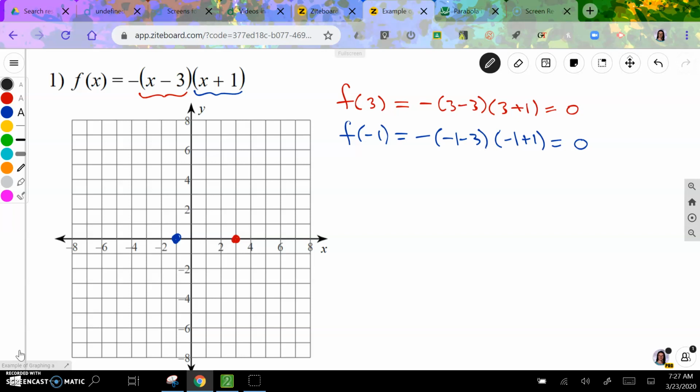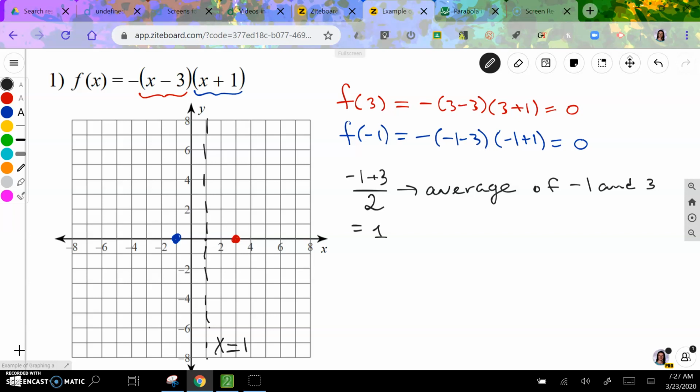You can also just average them out, by adding them and dividing by 2. The average of negative 1 and 3 is 2 divided by 2, which is just 1. So that tells me that my vertex and my axis of symmetry are going to happen when x equals 1. So that's your axis of symmetry, and we're done with that part.